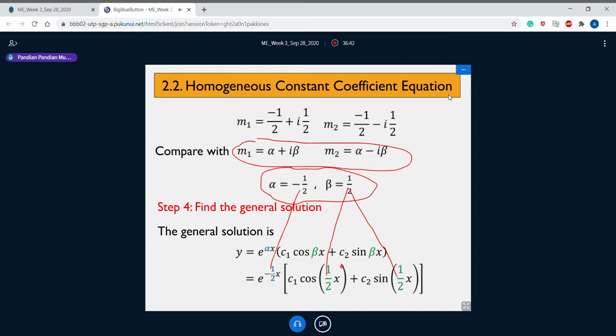So this is your final answer. But don't forget that the C1 and C2 will be there. This one we cannot find at the moment, we just leave it as it is. But we already found the general solutions.